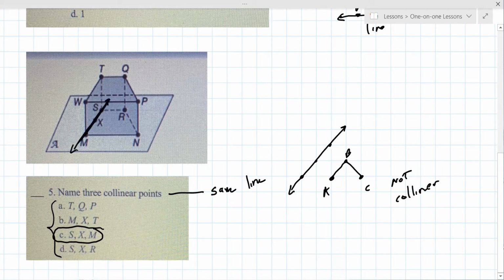Yeah. Let's say I'm gonna add a point up here. Let me call that Z. Then Q, Z, and P are collinear. Is that clear? Yeah. Okay.